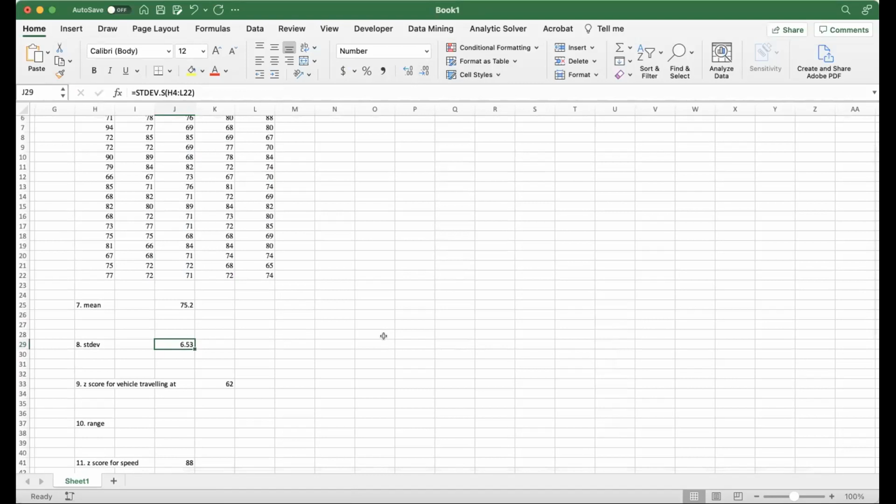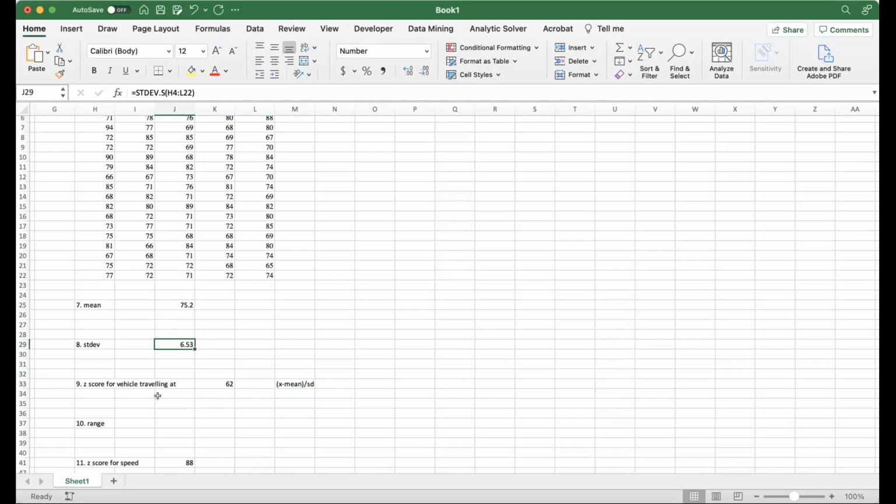Number 9. Number 9 is asking for the z-score of a vehicle traveling at 62 miles per hour. Hopefully you guys remember the formula for z-score. The formula is x, I'm going to put that right here, so x minus mean divided by standard deviation. So this is our x value. We have our mean and standard deviation calculated here. So this becomes really easy to do.